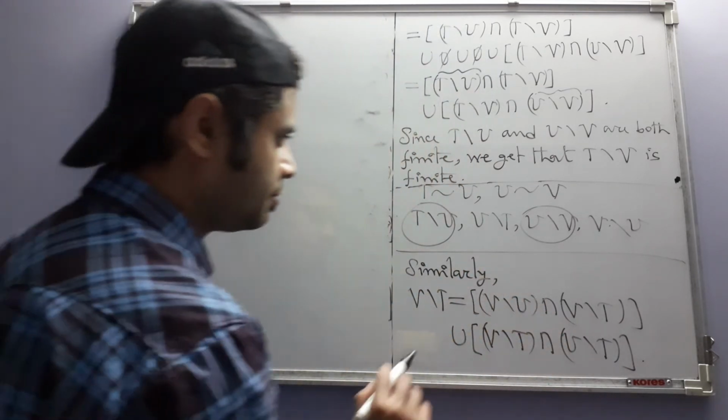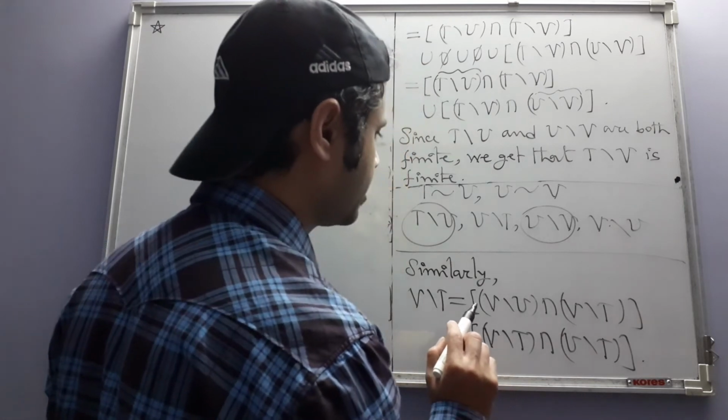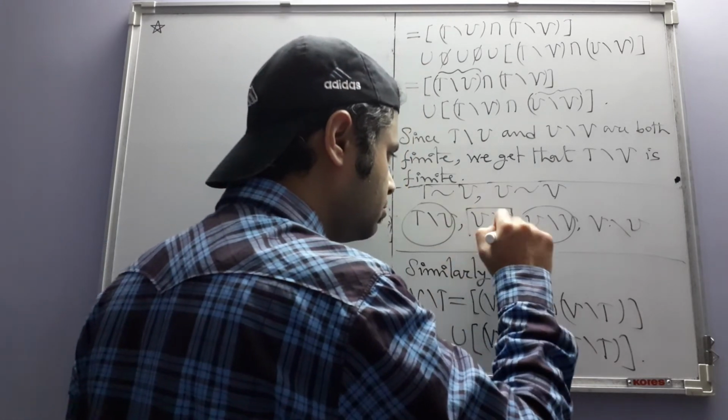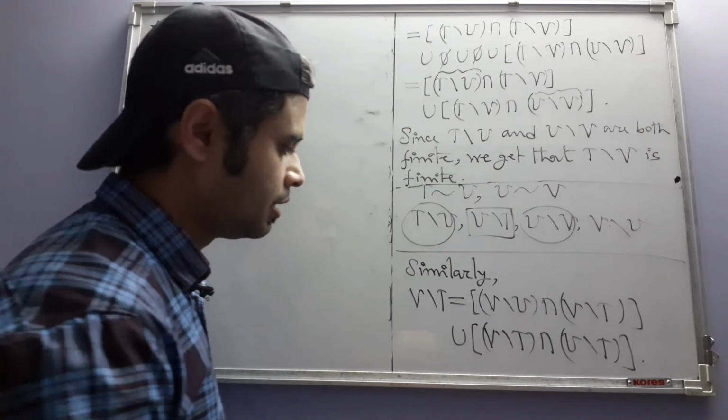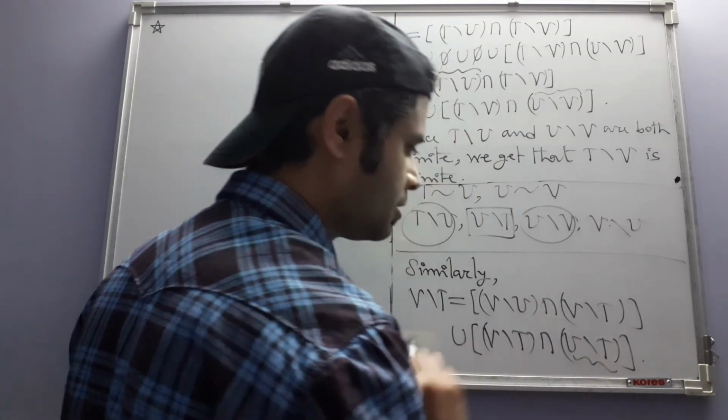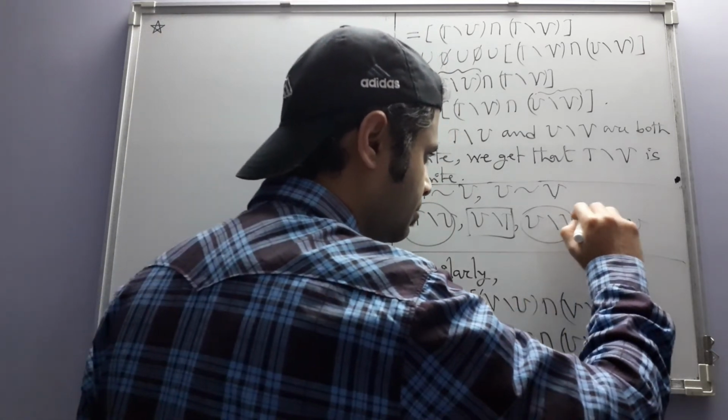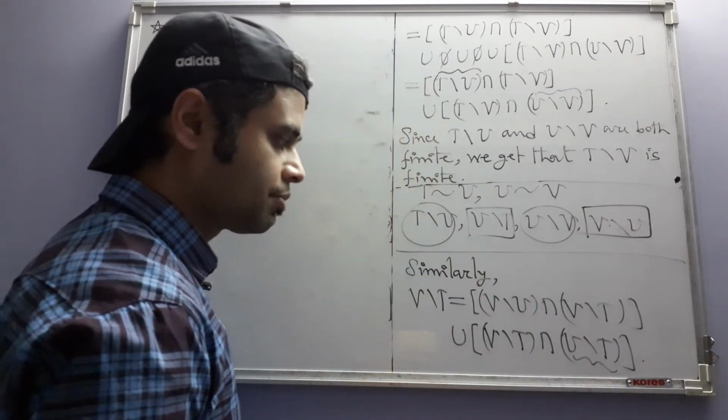Now here we will use the fact that u difference t is finite. This is now finite and v difference u is finite.